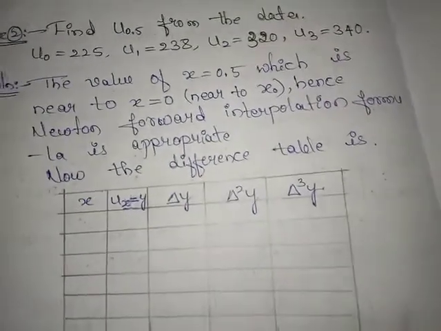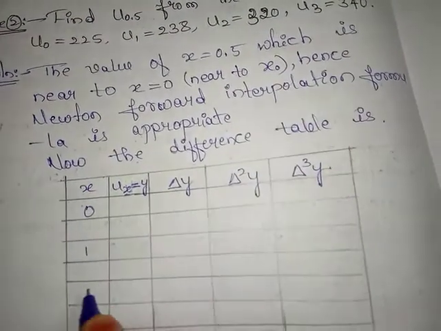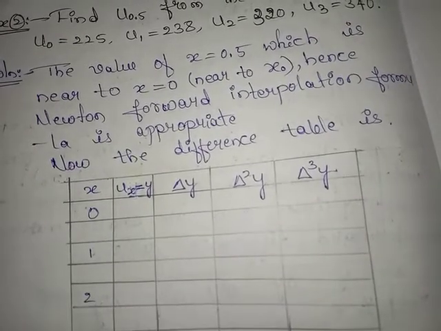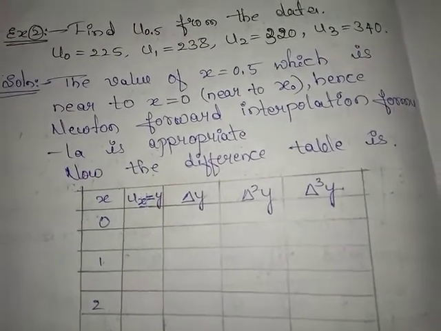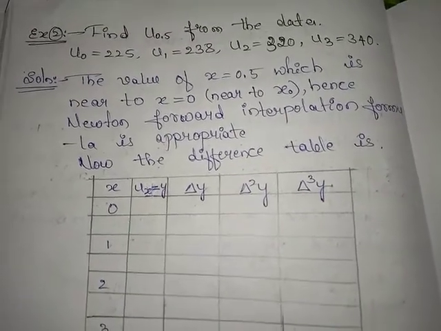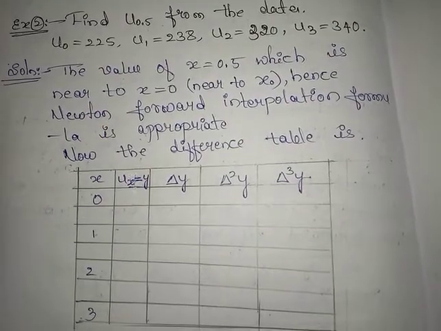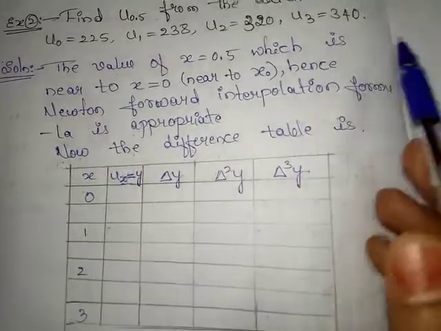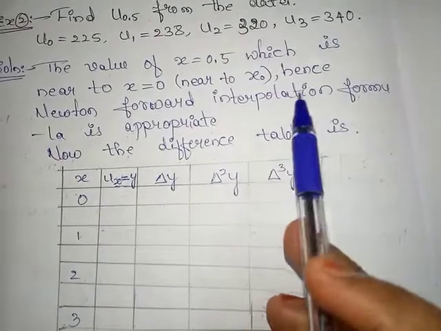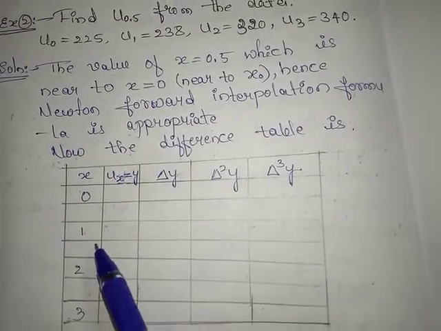Okay, now we will write the values of x. Values of x are 0, 1, 2, 3. And here we have a small hint. If the data is given in a different way and you get confused about which are the values of x and which are the values of y, remember that the values of x always have a fixed difference.